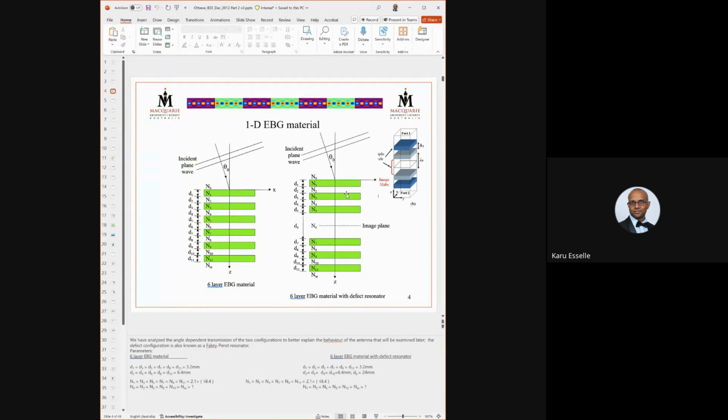So Fabry-Perot is a good name for resonant cavity antennas with multiple dielectric slabs for this reason. So it has the Fabry-Perot resonance. But some people call all types of resonant cavity antennas Fabry-Perot, although it has very little to do with Fabry-Perot.